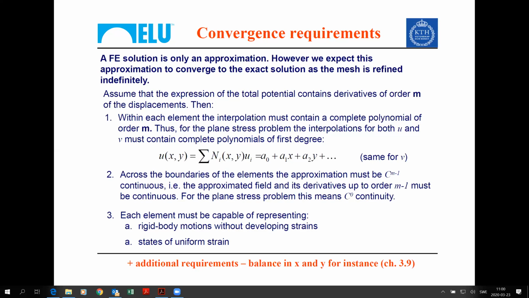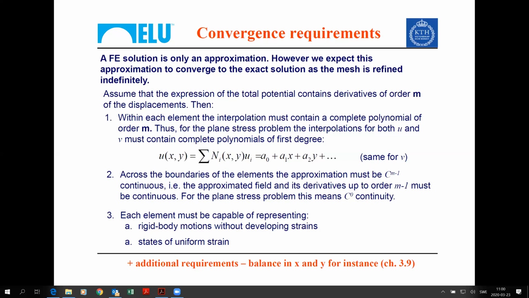Why do we need states of uniform strain? This follows from the following reasoning. The finite element solution is approximate, and as we take more finite elements, we will reduce the error that the numerical approximate solution is giving us. What happens in the limit? Assume that we take a lot of elements, very, very small elements.